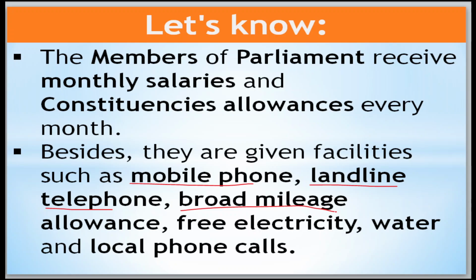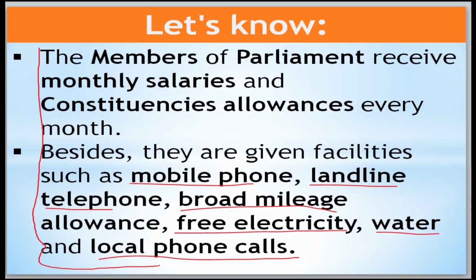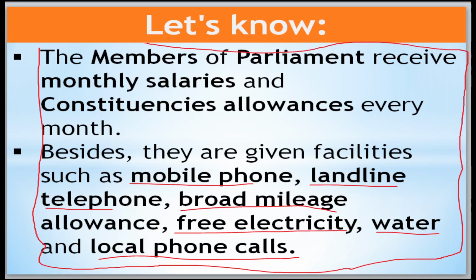All these are paid by the government. They have free electricity, water bills are also paid by the government, and even local phone calls are paid by the government. So all these are considered facilities received by a member of parliament.